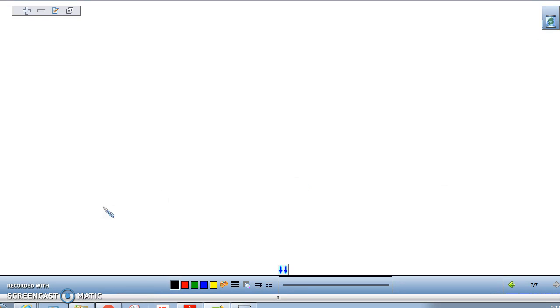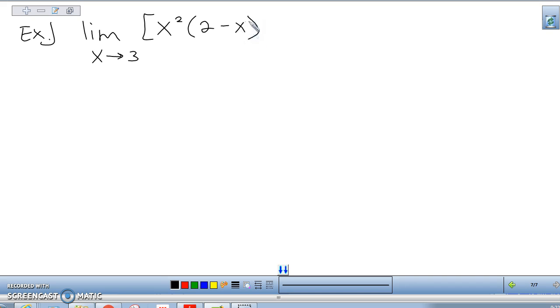So, for an example: the limit as x approaches 3 of x squared times 2 minus x equals what? Well, it's just like the property tells us.